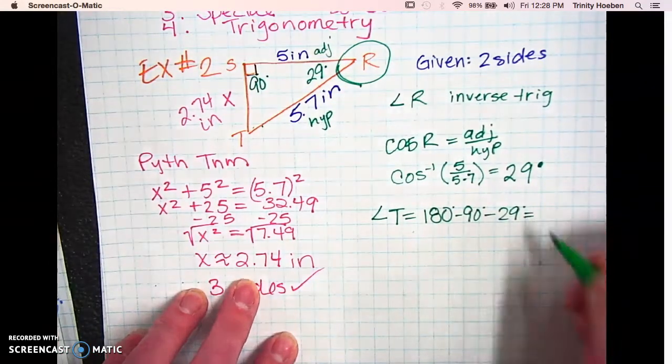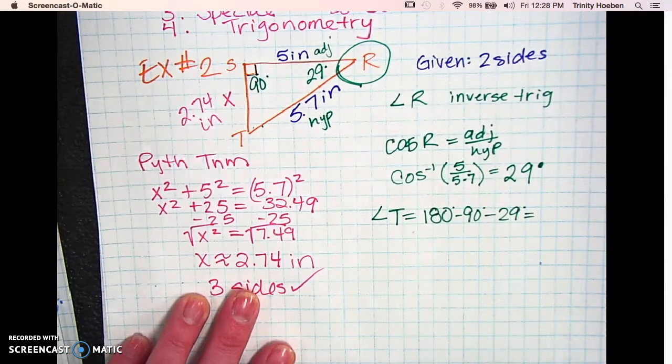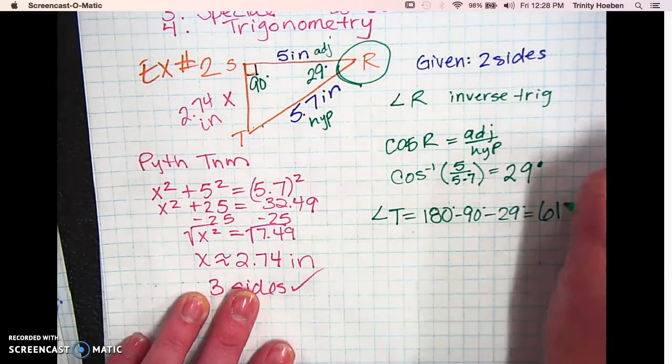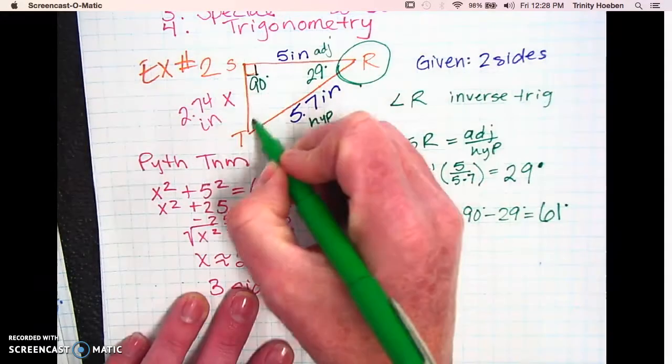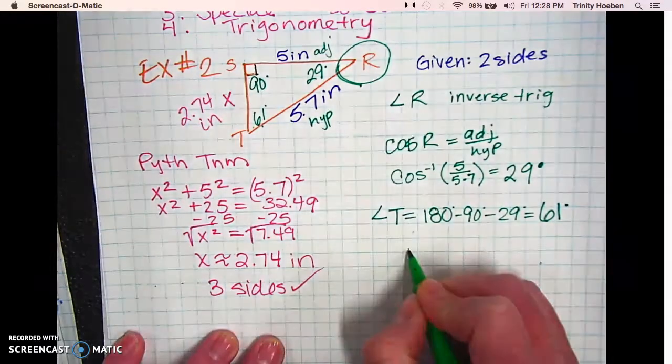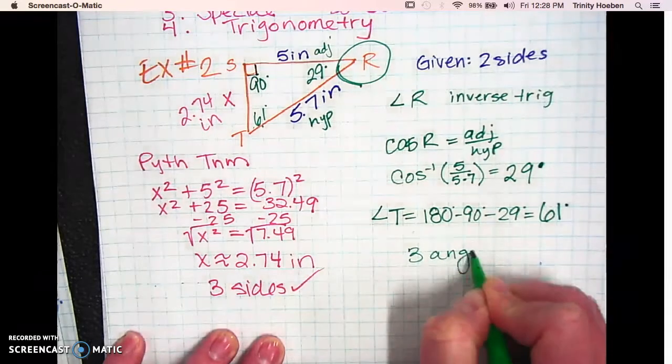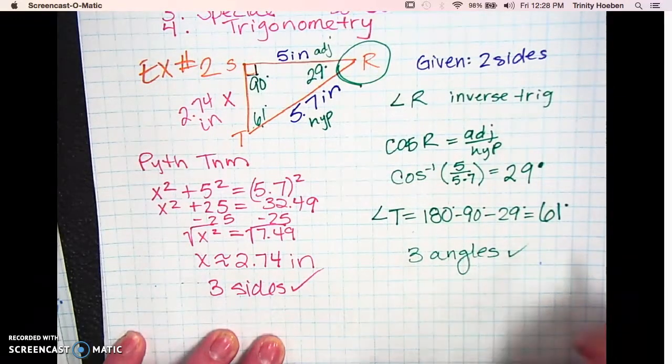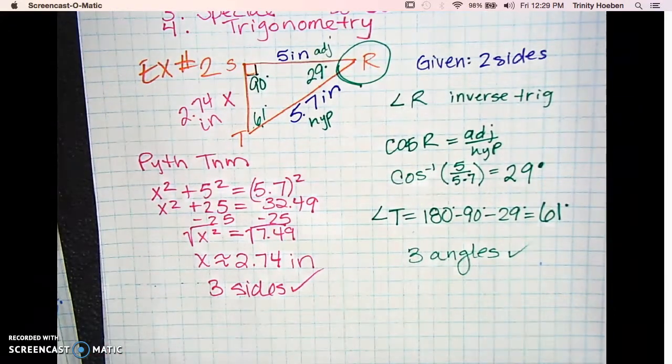What's left? 61. Okay, now if I write the 61 in there, I have all three angles. Check. Okay, got all three sides, all three angles. This triangle is considered solved, right? We've got all the information we can get about that triangle.